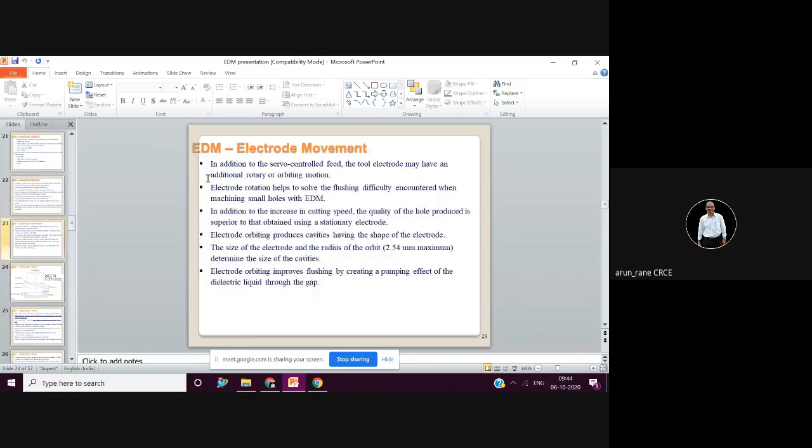Electrode movement is very important in EDM. Electrode movement means servo movement, moving up and down. That movement and positioning, that is applying the brake, releasing the brake, should happen precisely. So the servo mechanism should be very, very powerful and precise.